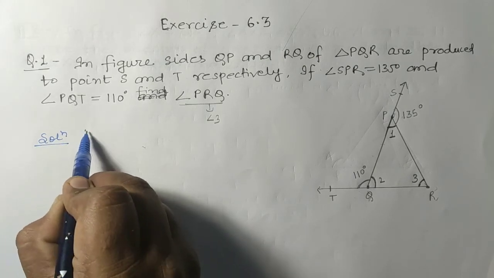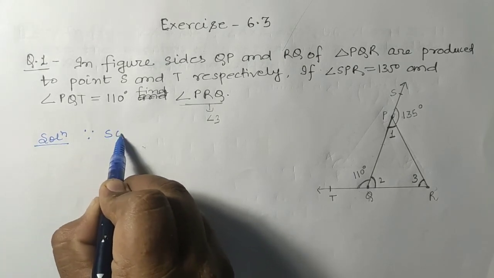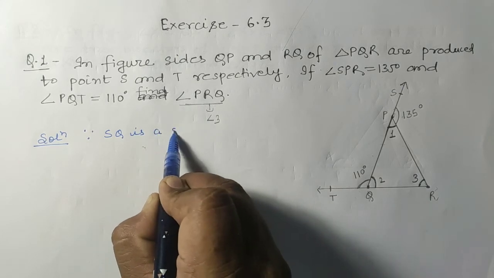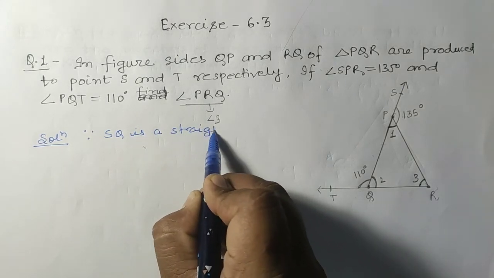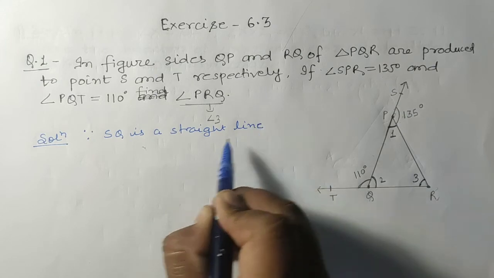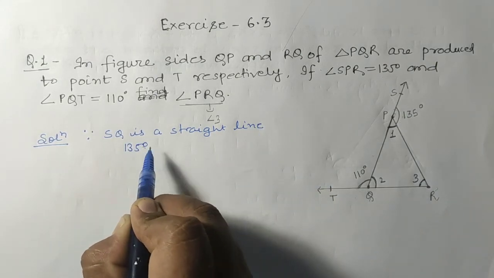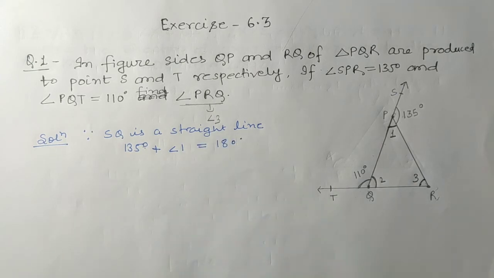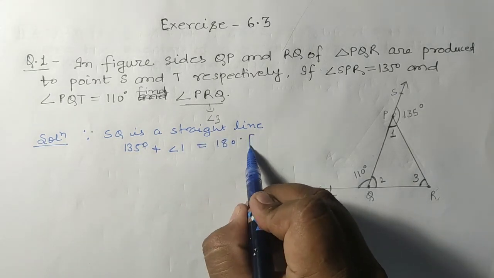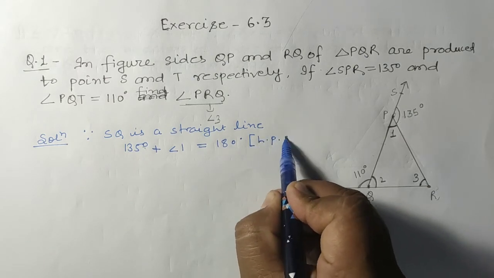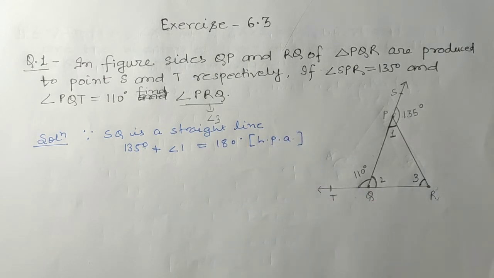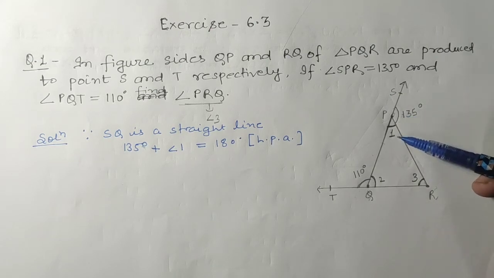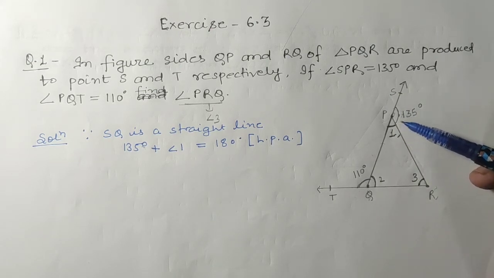Firstly we'll write, since SQ is a straight line, then 135 degrees plus angle 1 should be equal to 180 degrees. The reason behind it is the linear pair axiom. Since both the angles are on the same line and they are adjacent, they will form a linear pair, means their sum should be equal to 180 degrees.